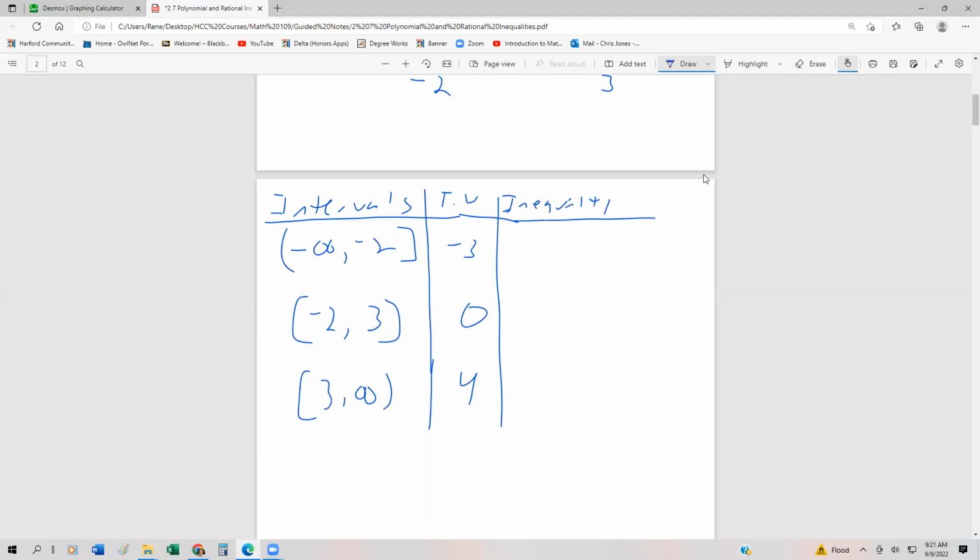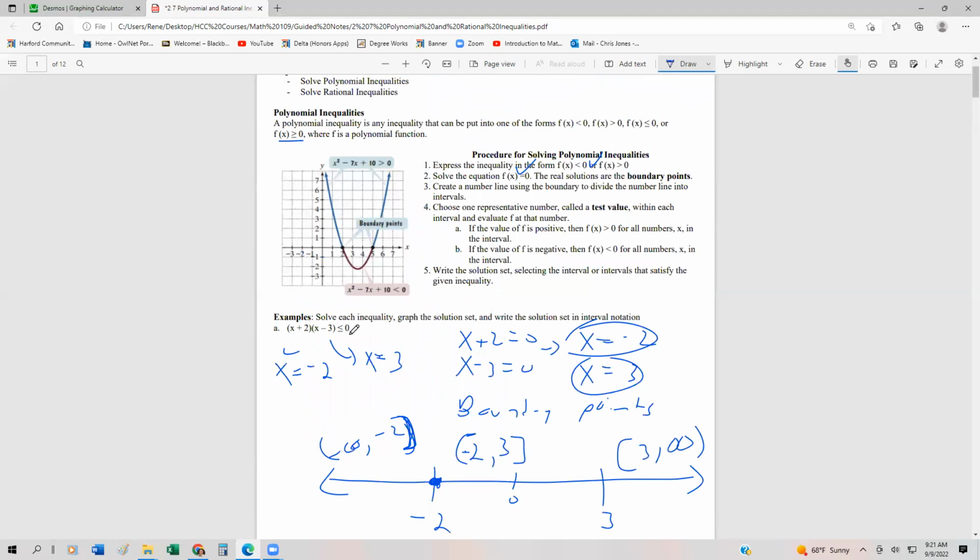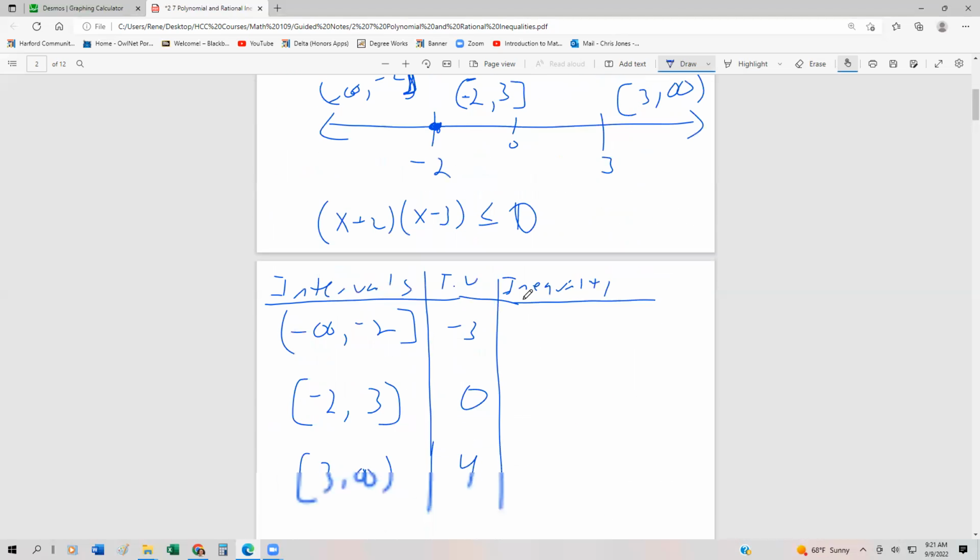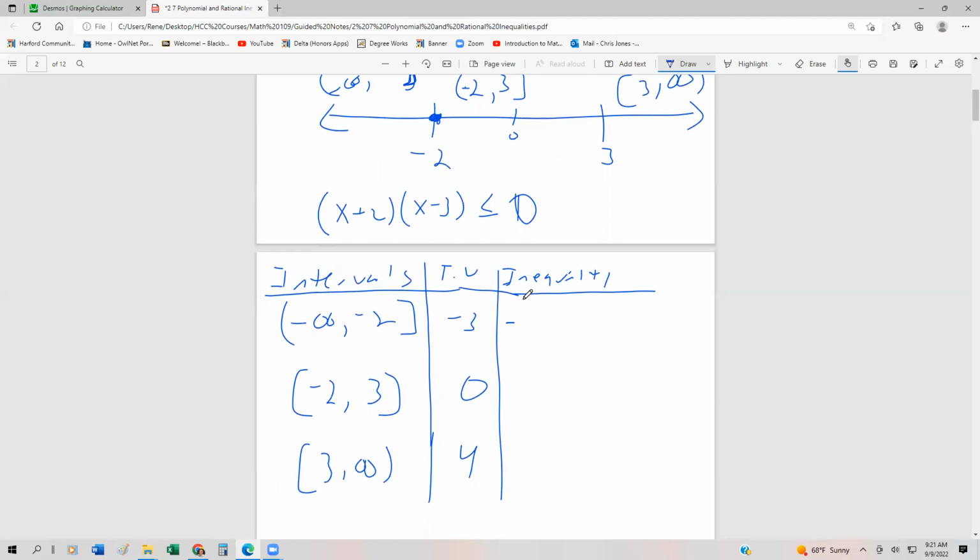Remember, our inequality was (x + 2)(x - 3) less than or equal to 0. Sorry, I had a mark on my screen. So that's just the original problem. If I substitute -3 back in, I get (-3 + 2)(-3 - 3) less than or equal to 0.